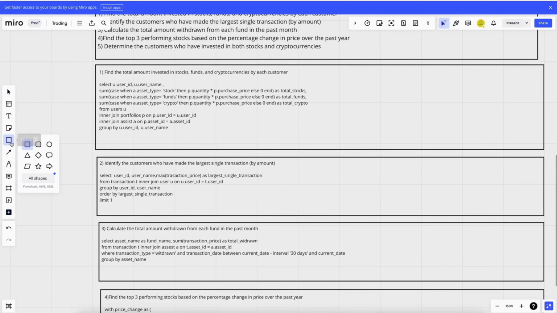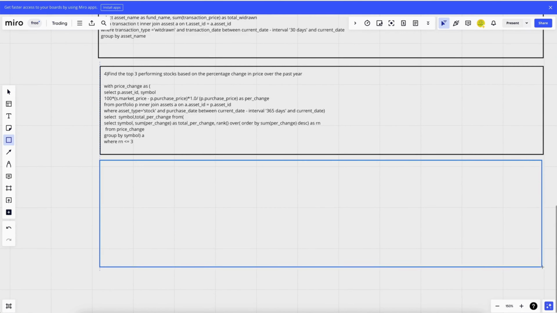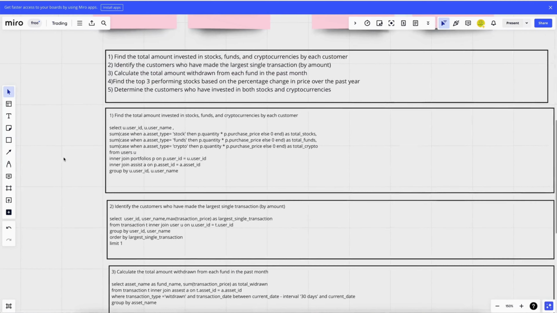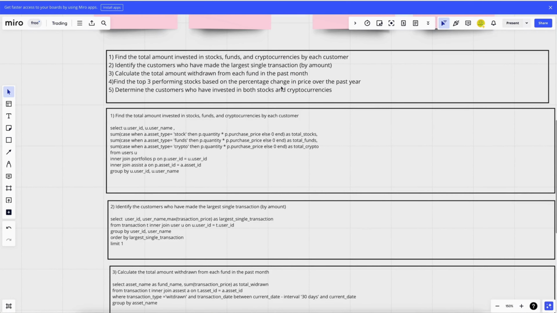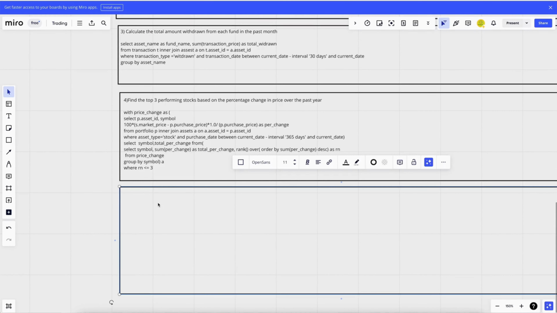Let's start with the fifth one. Determine the customers who have invested in both stocks and cryptocurrencies.